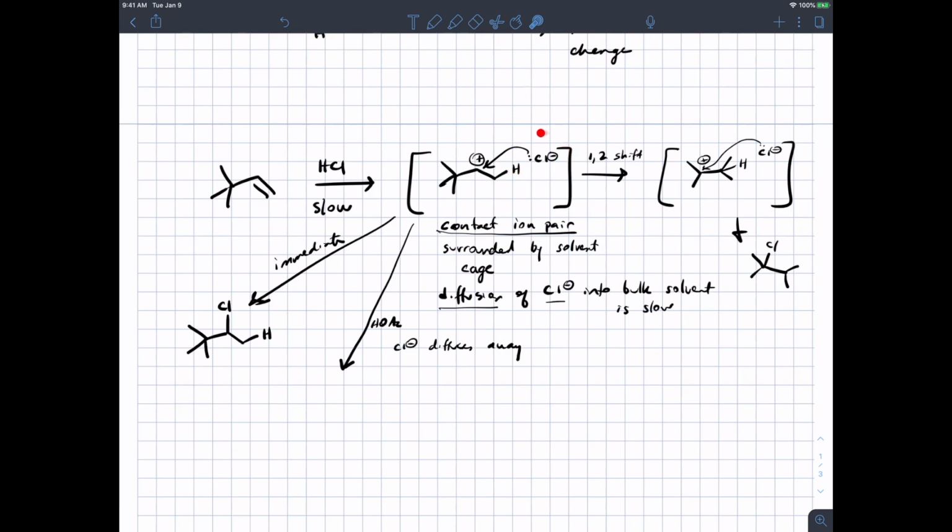So basically, this is all the chloride you have for this reaction in the contact ion pair. It will either attack immediately, or rearrangement can occur and it will attack, and then there'll be a small amount of situations in which chloride escapes the ion pair and acetate, which is the solvent from the solvent cage, can attack. Questions there?